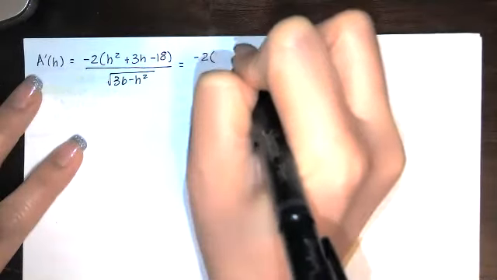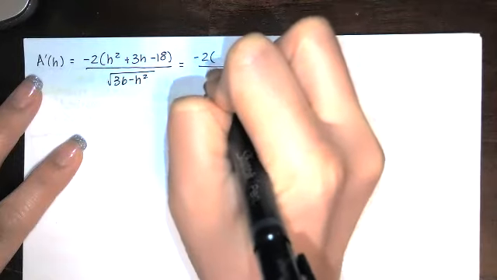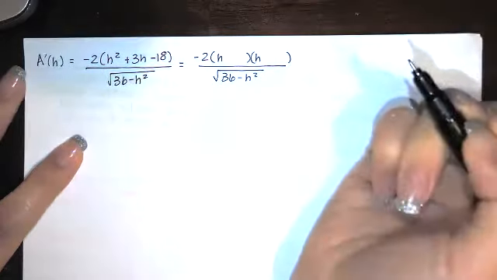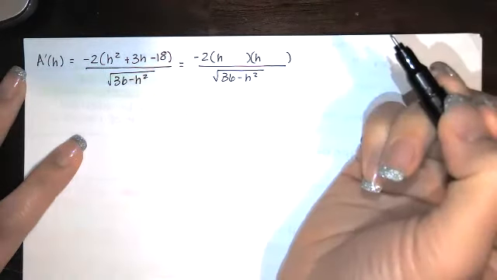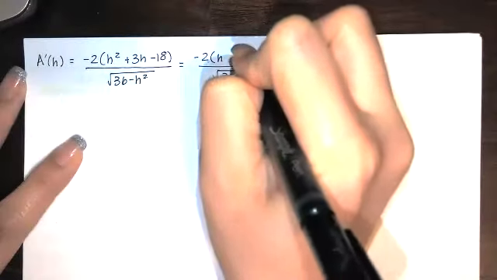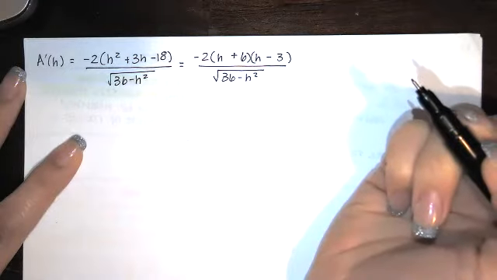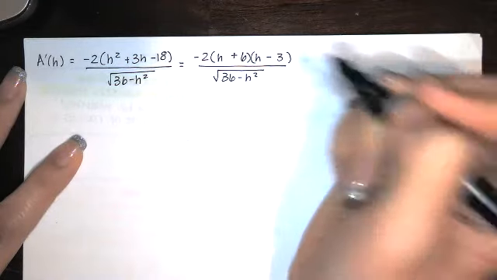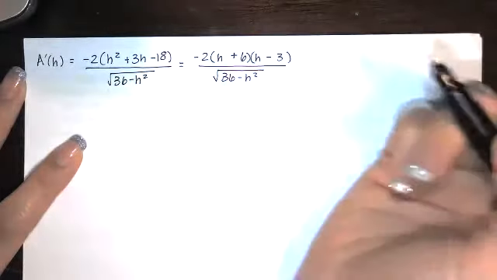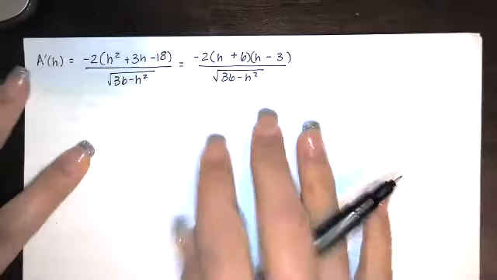And we can factor that numerator further. Two numbers that multiply to give me negative 18 and add to 3 are 6 and 3, if the 6 is positive and the 3 is negative, because 6 times negative 3 is negative 18, and 6 plus negative 3 is positive 3. Okay, so A prime is completely factored.